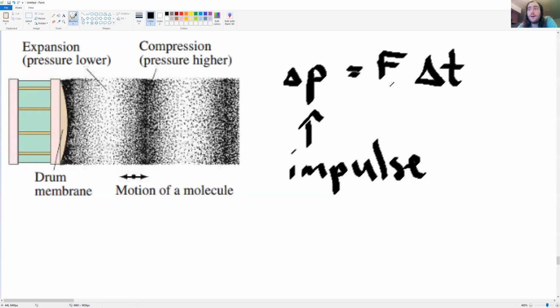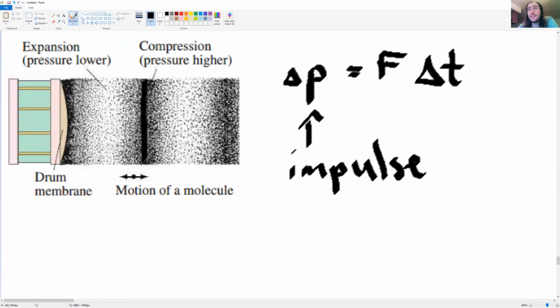And when we have a lot of force like that distributed over a certain area, we call that pressure, right? So in this region here in the middle, the pressure is high. It may not be really high, it may just be high relative to the rest of the air molecules in that area.